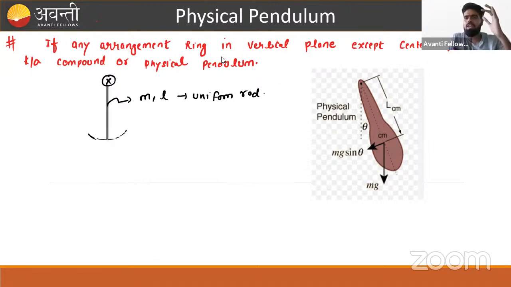Any object which is hinged at a point other than its center of mass, of any shape, such a system is known as the compound or physical pendulum.